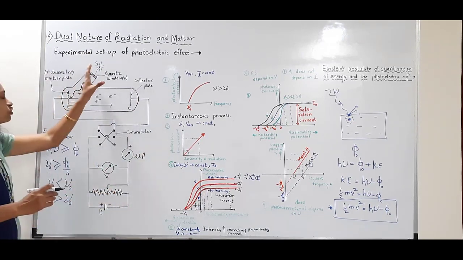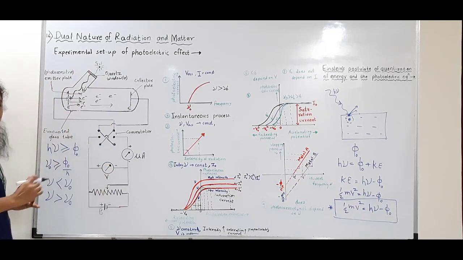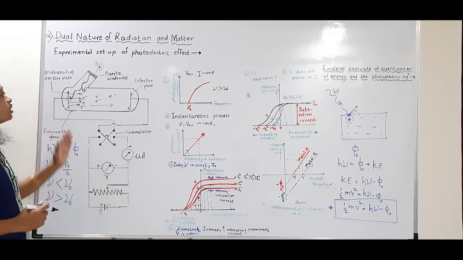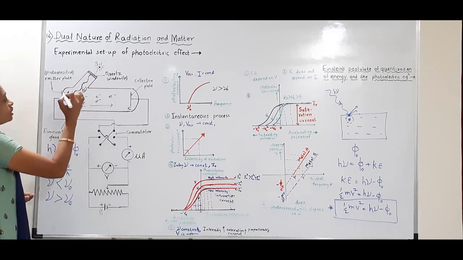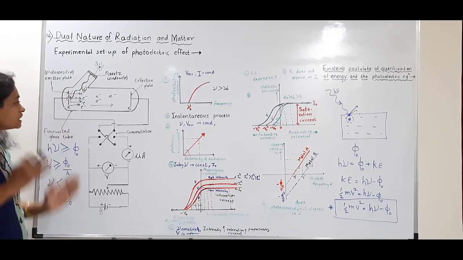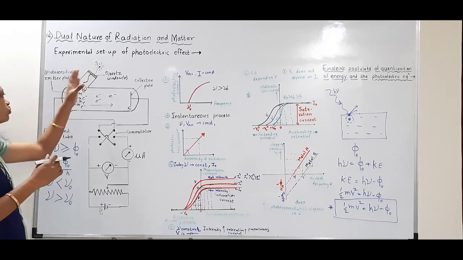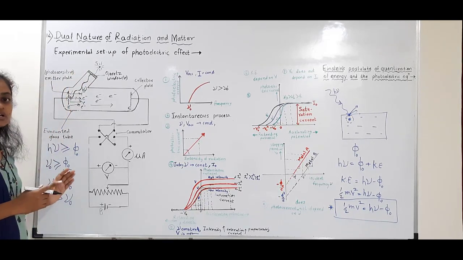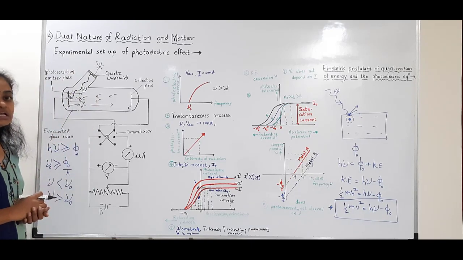Here the number of photons incident on a unit area per unit time increases. That's why the number of electrons also increases. One photon will emit one electron, and therefore the number of electrons emitted from the emitter increases.